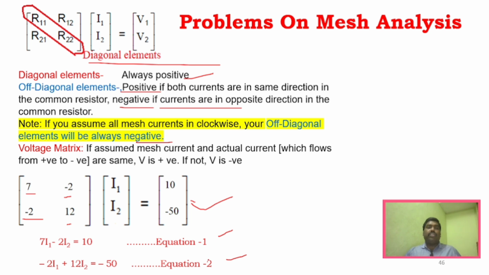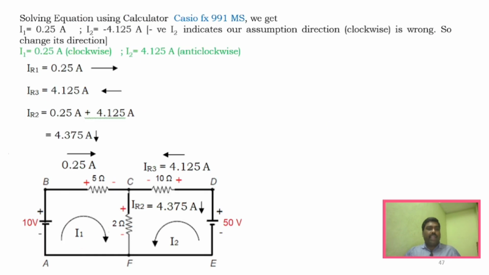Now from this equation, you know how to solve it. You can use a calculator or manual calculation to find I1 and I2. I1 is 0.25 and I2 is minus 4.125. We neglect the minus sign because we are assuming everything in the clockwise direction.